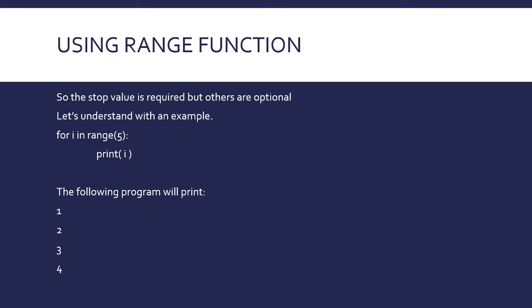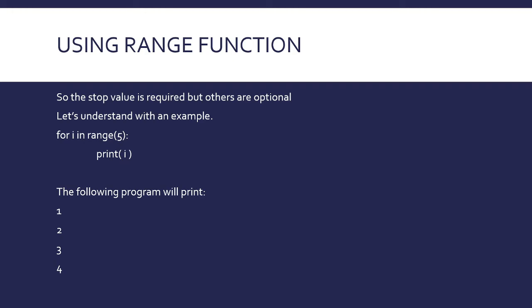If you ignore them, the start value will start from 0 and the step value will increment by 1. So here the start value is 0 as we didn't pass any value, and it is incremented by 1 and then printed. First it will print 0, then the program will print 1, then 2, then 3, then 4.